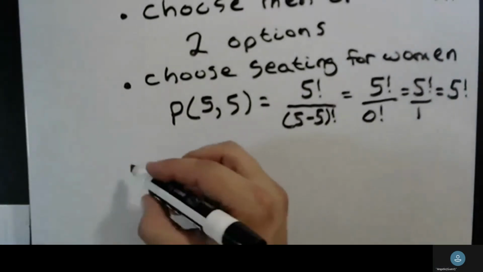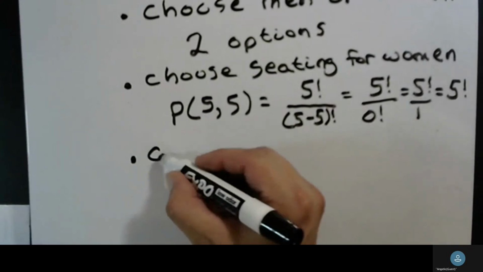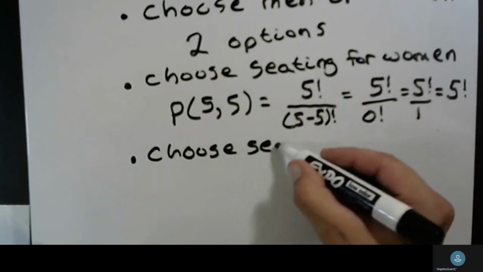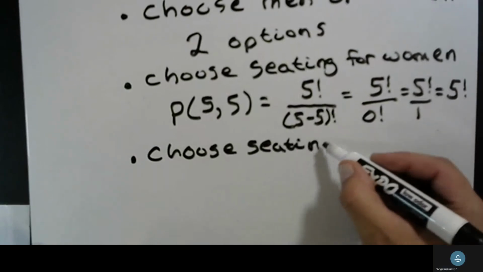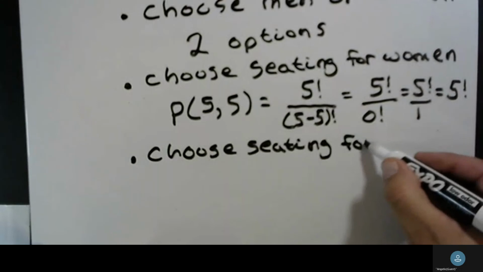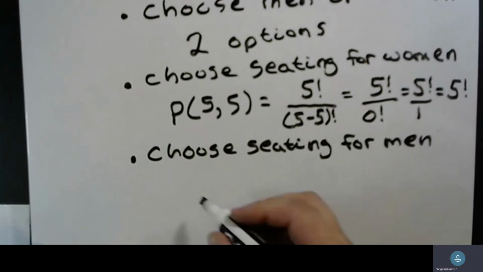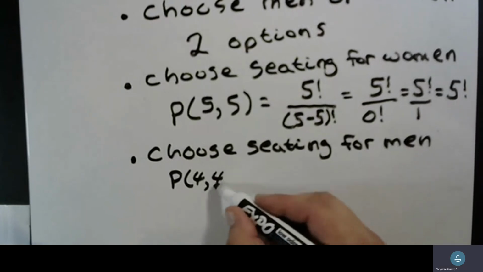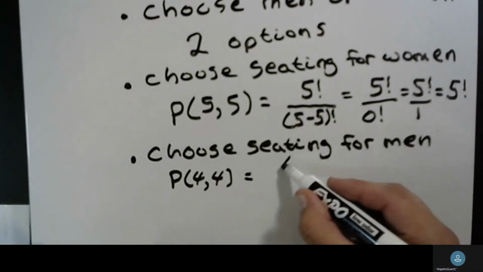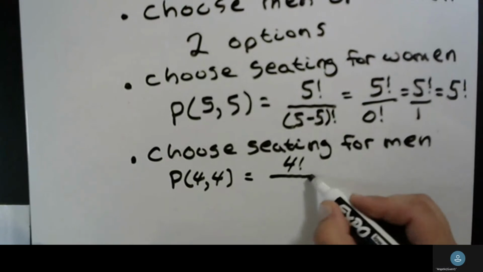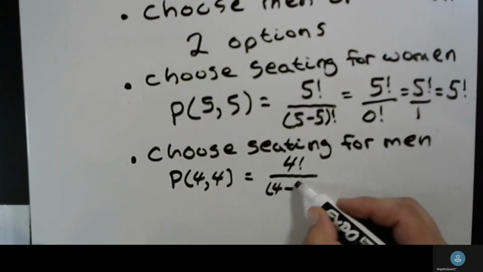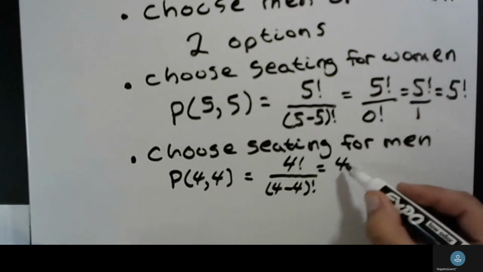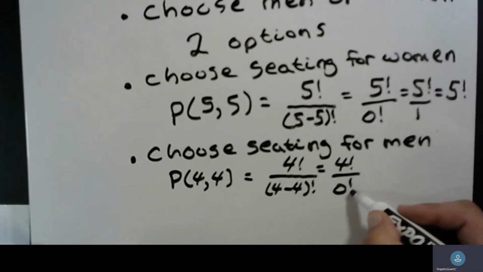And then for seating women, it's going to be 5 factorial, and for men, same thing.